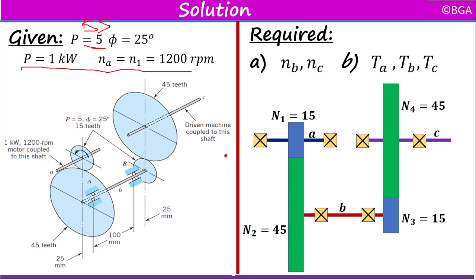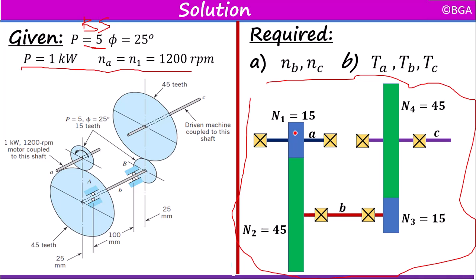So if you resketch this gear drive system, it will be like this. Here we have gear 1, the input gear actually. It rotates with 1200 RPM and it has 15 teeth. And this is gear 2, the driven gear, and it has a number of teeth equal to 45.